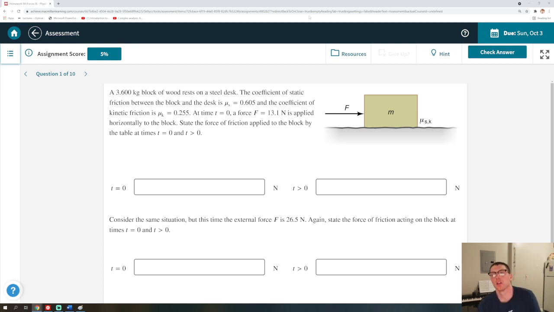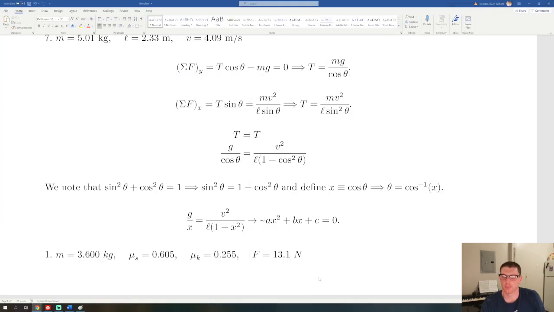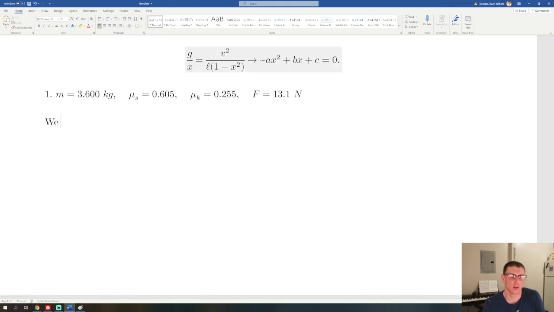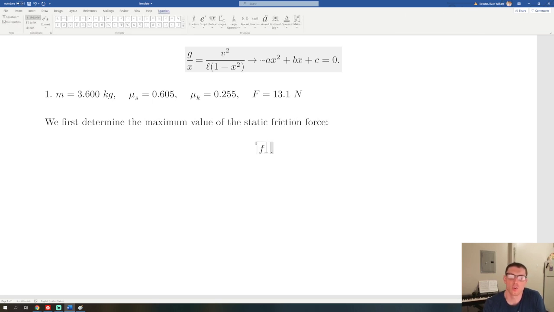So in our case, we first determine the maximum value of the static friction force. Now we could write this maybe like this, and this is going to be just mu sub s times n, because remember that static friction in general is defined as an inequality.